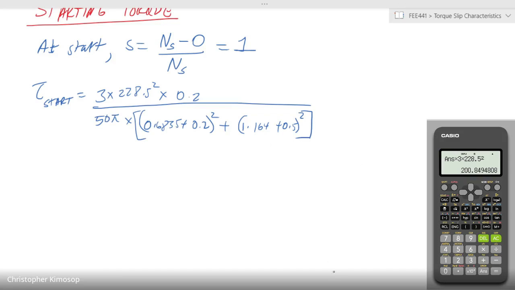Okay, so we calculate all of those. 1.164 plus 0.5, squared, is 2.7689.